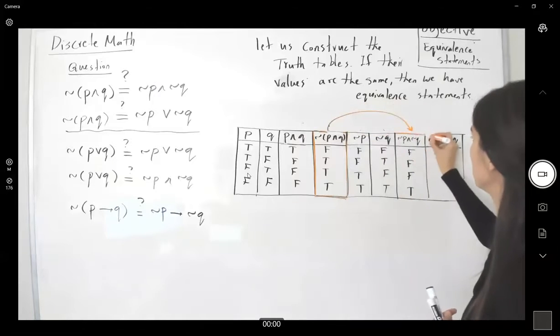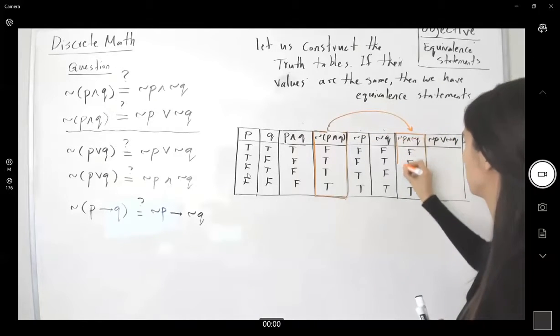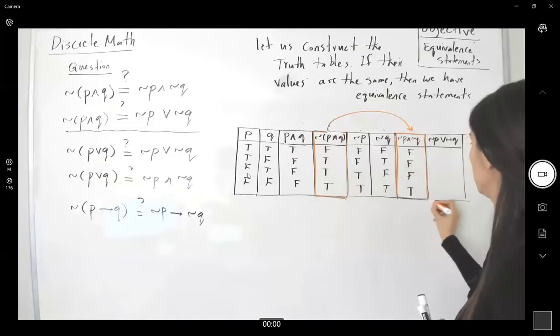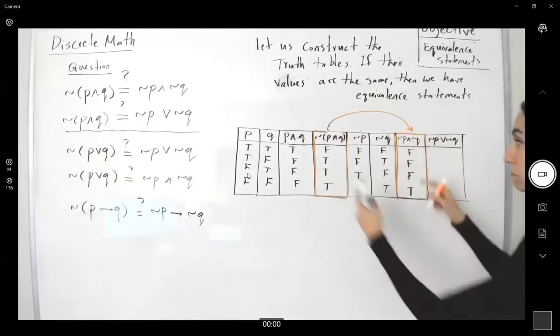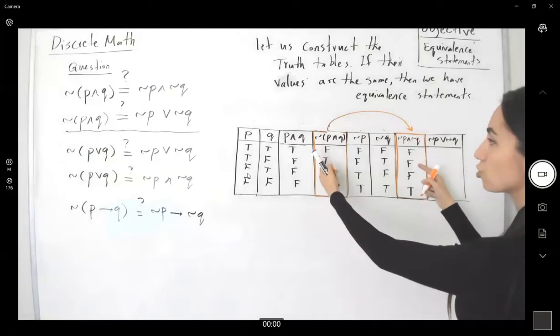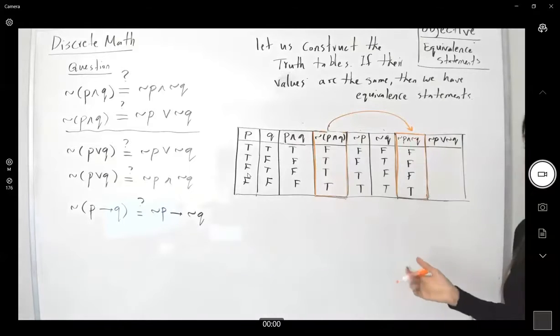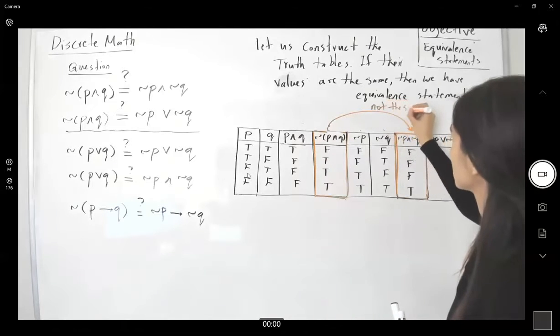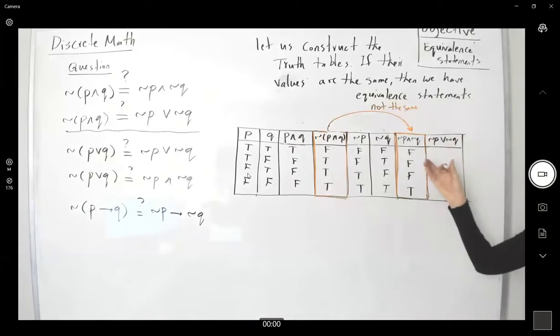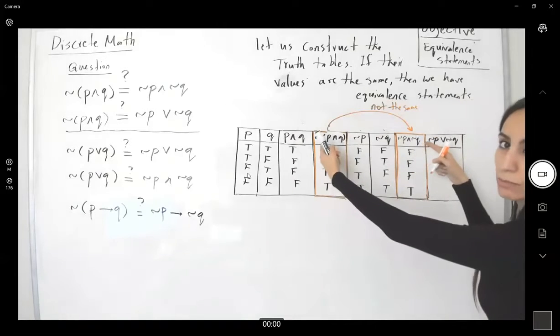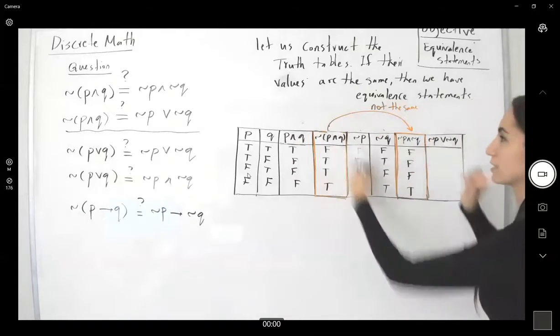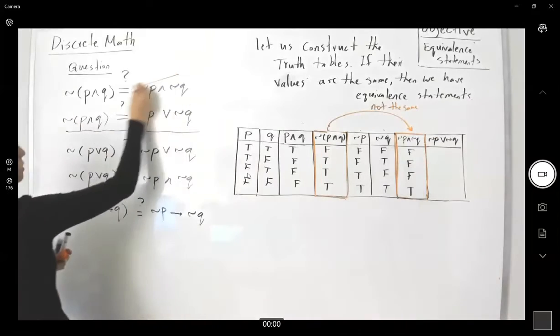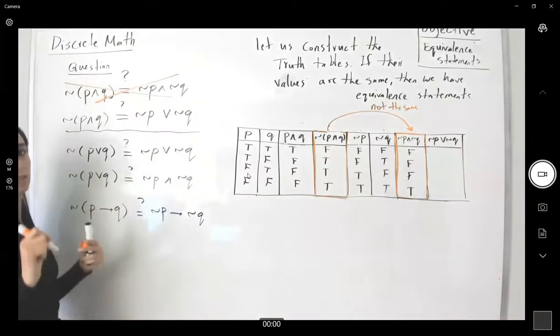Are they the same? I have false and false, true and false. They are not the same. So what's the meaning of that? It means that these two statements are not equivalent statements. This one is not true.